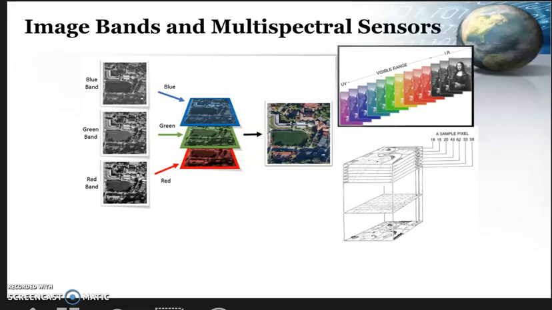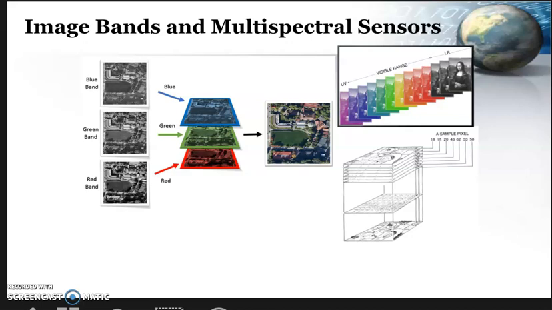Color digital photos are made up of multiple bands or layers. You can think of image bands, also called channels or layers, as a collection of images taken simultaneously of the same place. Many sensors on Earth observing satellites measure the amount of electromagnetic radiation, EMR, that is reflected or emitted from the Earth's surface.